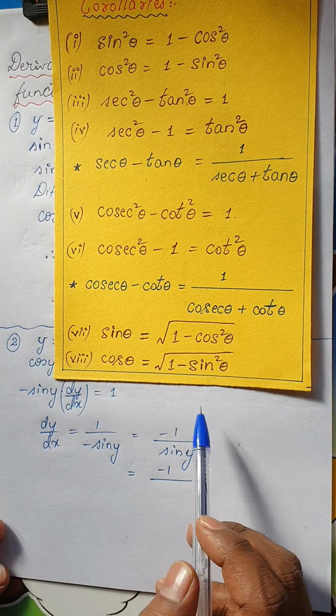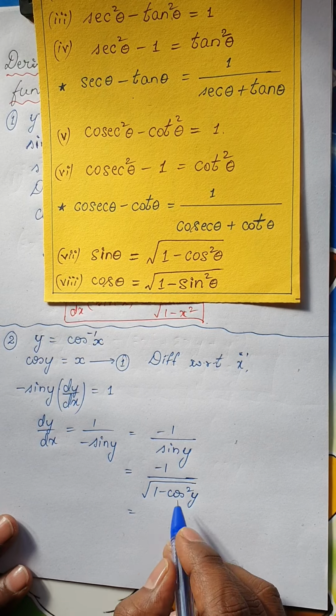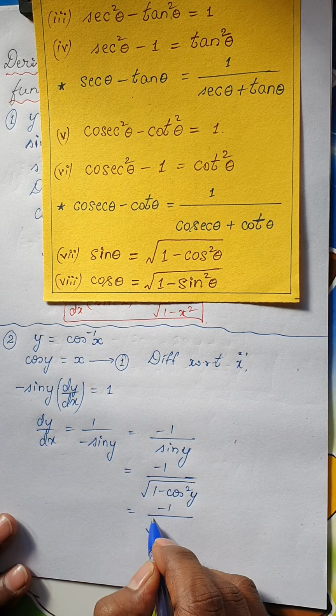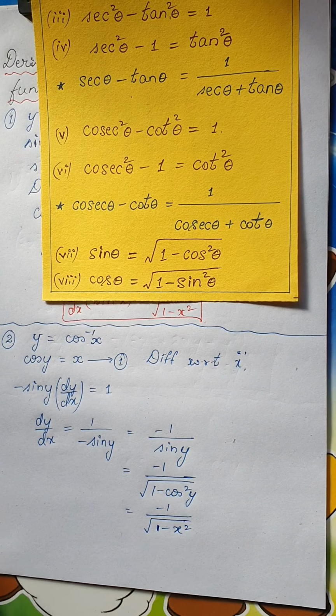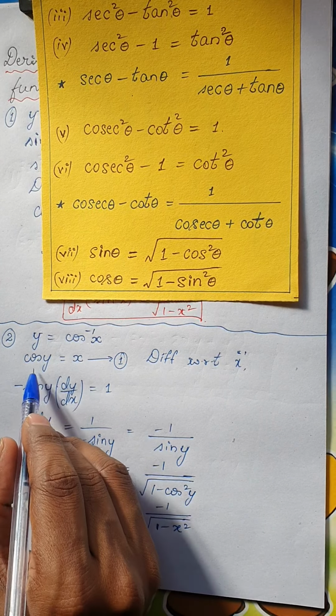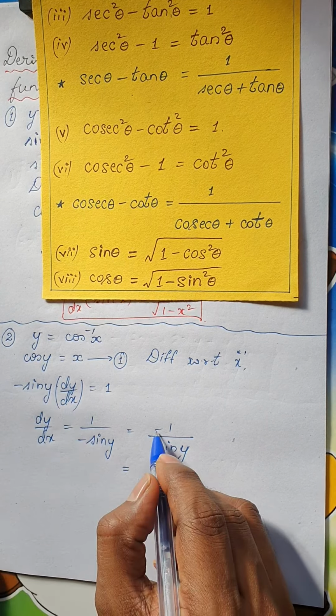Okay, now using from equation 1, what is cos y? We know cos y is nothing but x. So I get minus 1 divided by root of 1 minus x square. You might be wondering why I got minus here, because the derivative of cos is minus of sin.